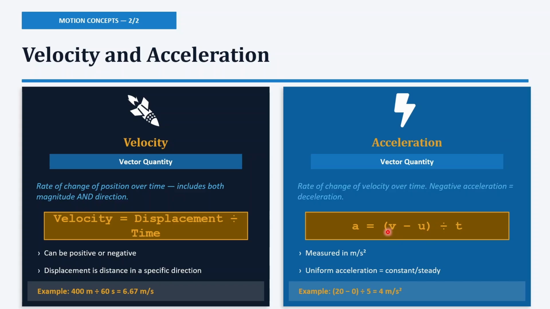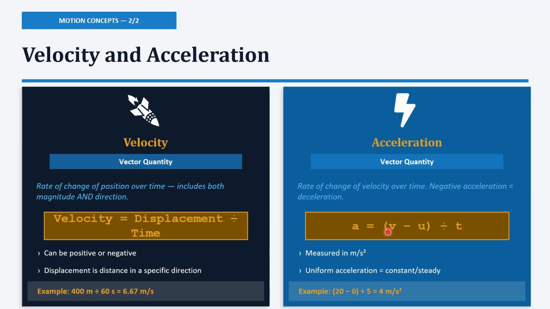So take for example, if you are riding a motorbike, you start from gear 1 and then you want to move to gear 2. Now at gear 1, you are moving at a specific velocity. Then at gear 2, you are moving at a different velocity. To calculate your acceleration, you take the velocity at gear 2 minus the velocity at gear 1, divided by the time.